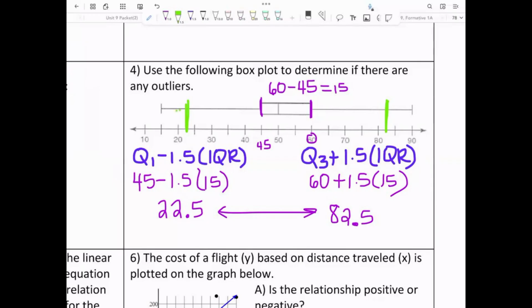We don't know how many dots are on either side of these lines, but what we do know is that there is at least one minimum and one maximum that would be an outlier. So we have at least two outliers at 15 and 90.